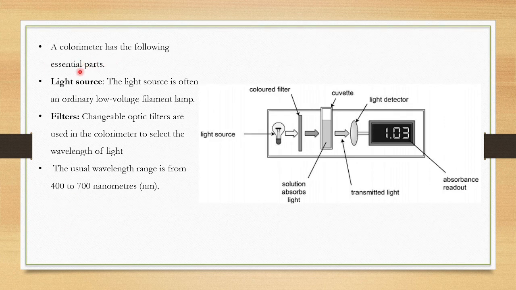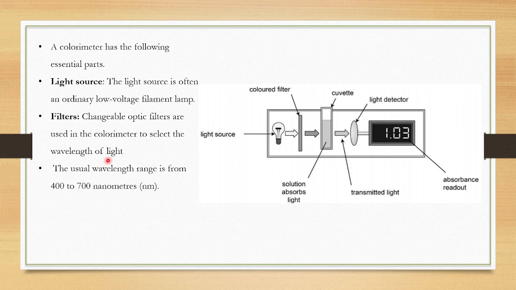And it has the following essential parts. First one is the light source. So this is the light source. The light source is often an ordinary low voltage filament lamp. And second is a filter. This filter selects out the monochromatic light. Changeable optical filters are used in the colorimeter to select the preferred wavelength.